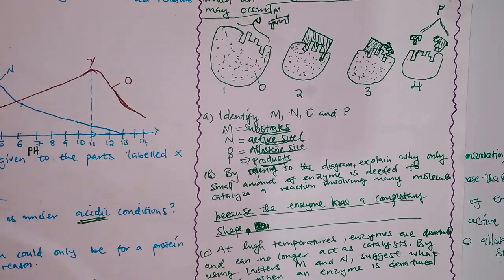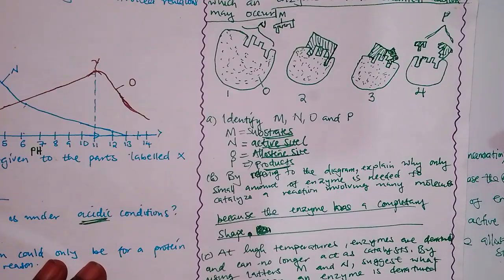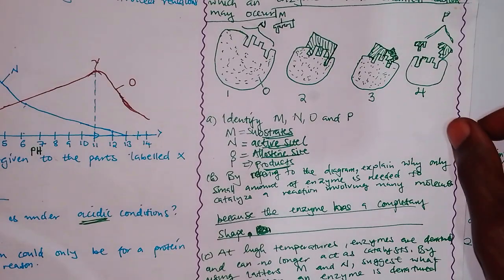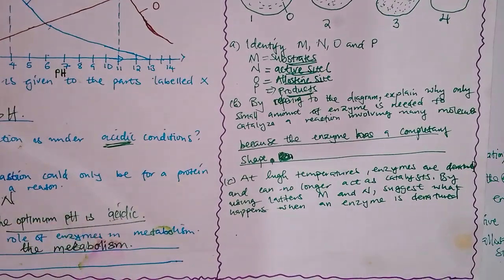then the final question, which is saying at high temperatures enzymes are denatured and can no longer act as catalyst. By using letter M and N, suggest what happens when an enzyme is denatured. So here I told you that when an enzyme is denatured, it loses its function.